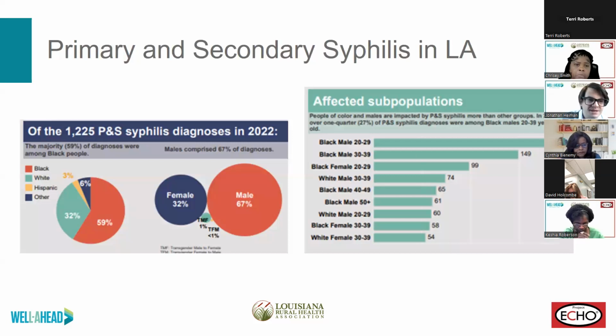Okay, so this is just an infographic showing what we just talked about. But again, it's worth mentioning 59% of diagnoses of primary and secondary syphilis, this was in Louisiana, were among Black people. And then in general, men make up about 2/3 of the cases. Next slide, please.